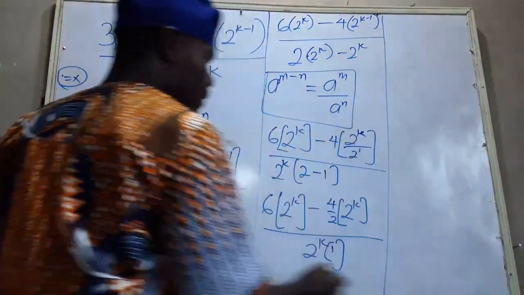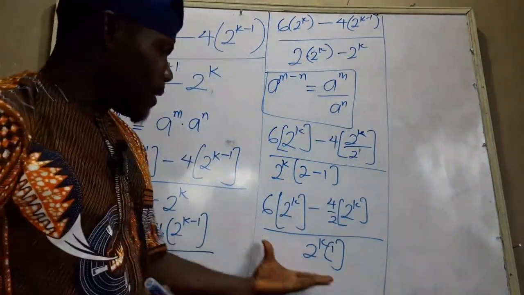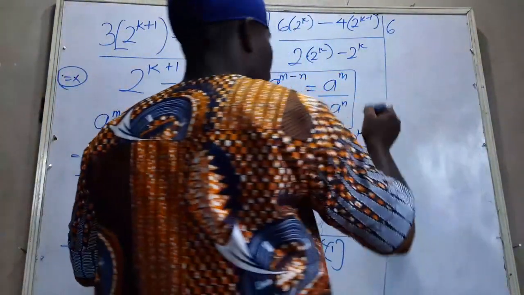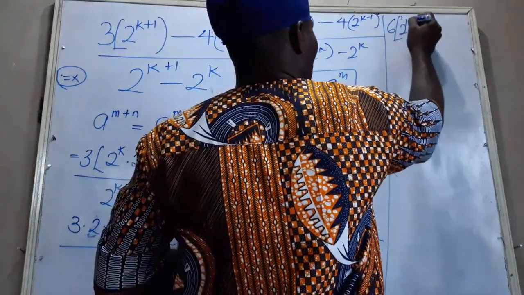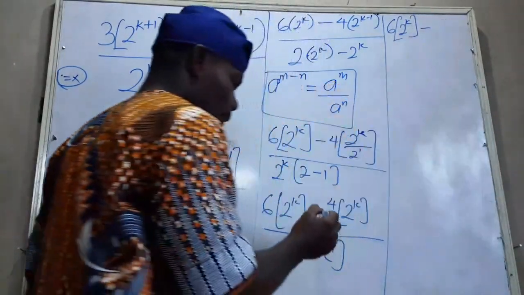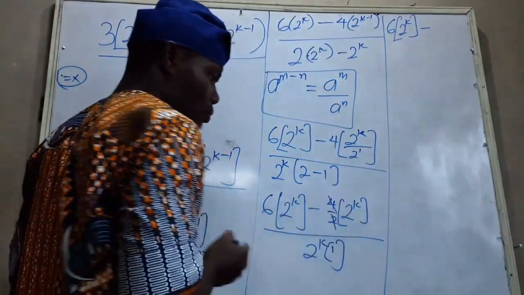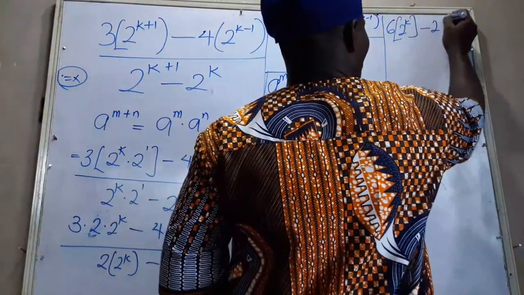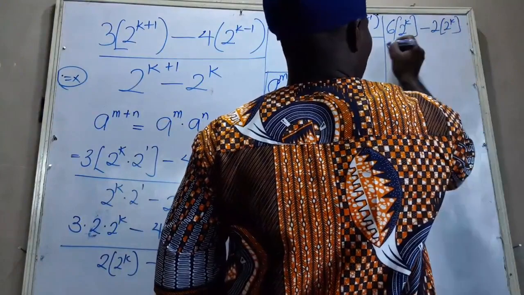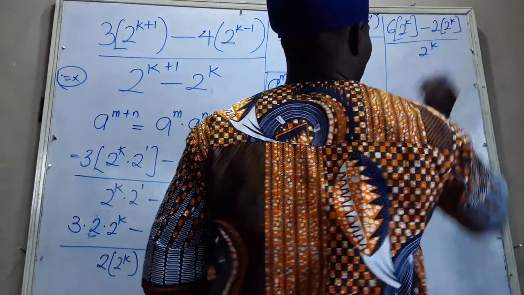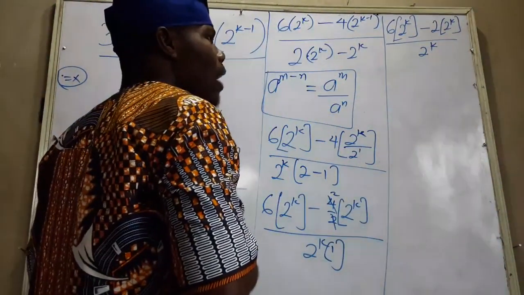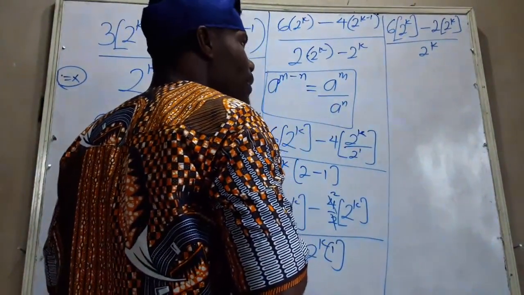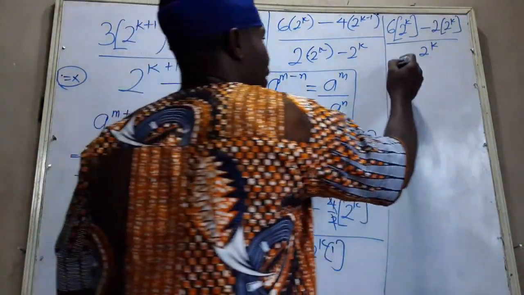So let's also proceed. From here, you're able to see that we have 6 times 2 raised to power k minus the 2 here, we cancel 2. We cancel 4, it will give us 2. It will be 2 times 2 raised to power k divided by 2 raised to power k. Now, from the numerator part, let's consider that 2 raised to power k is common.